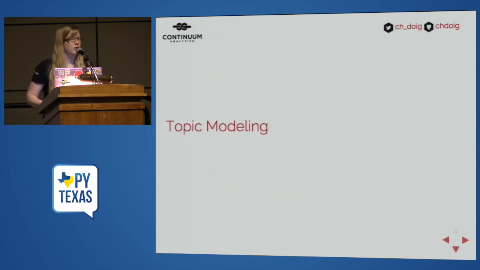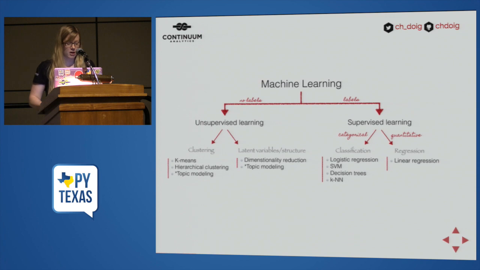So let's start with the first part, going through the theoretical background of what's topic modeling. And let's first introduce a little bit of what is topic modeling and where it fits in the machine learning spectrum. If you were here yesterday, you're already familiar with this slide. Otherwise, let's discuss how people classify machine learning applications. There are mainly two groups that people discuss, which are unsupervised and supervised learning.